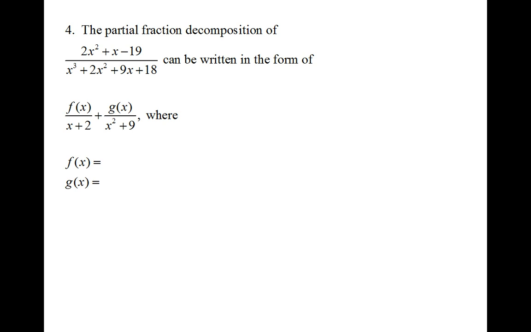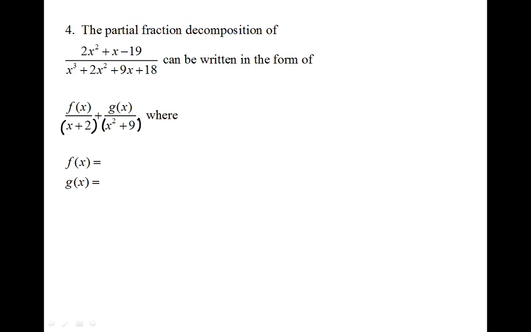So the x cubed plus 2x squared plus 9x plus 18 factors to x plus 2 times x squared plus 9. If we were to factor that, we would have had to factor by grouping, but they already did it for us, okay? So x plus 2 is a linear factor, but x squared plus 9 is quadratic.